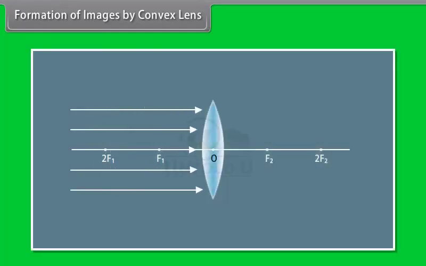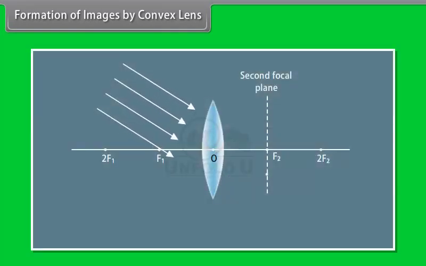Formation of images by a convex lens. When the object is placed at infinity and the rays are parallel to the principal axis, the image is formed at the principal focus on the other side. The nature of the image is real, inverted, and diminished.